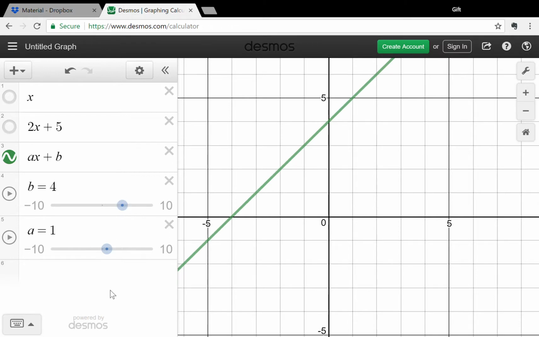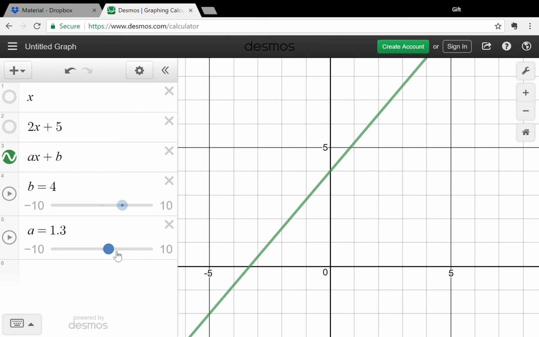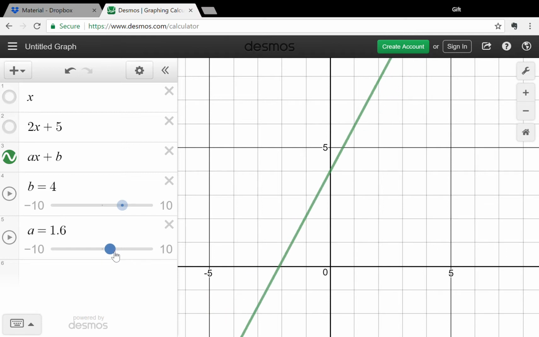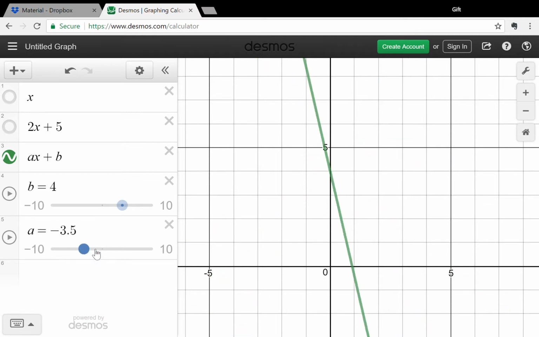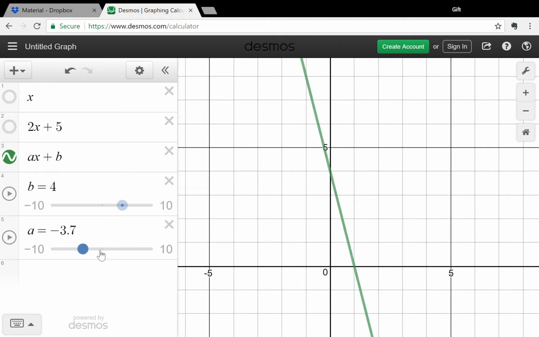My a value is the value of the slope. So let's see what happens when I change that. If I increase my a, that means my graph is going to slant more. Okay. So you can see when I change my a, it doesn't change where my graph intersects the y-axis.